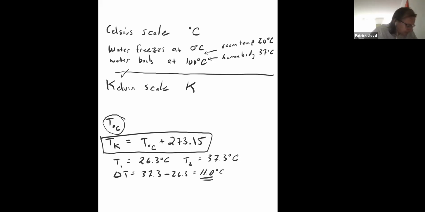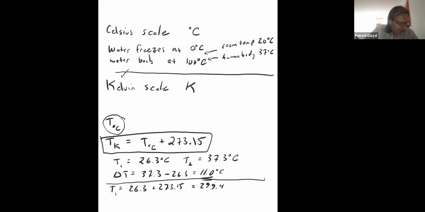Makes sense. What happens with the Kelvin scale? Well, if we're going to do it in the Kelvin scale, we've got to change these numbers. So your T1 would not be 26.3. It'd be 26.3 plus 273.15, which is 299.45 Kelvin, right?